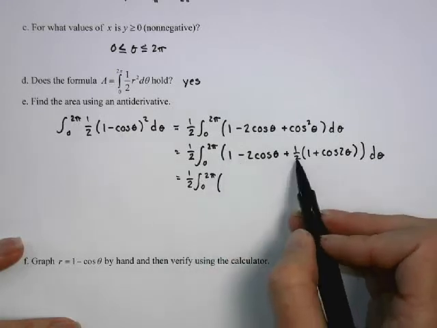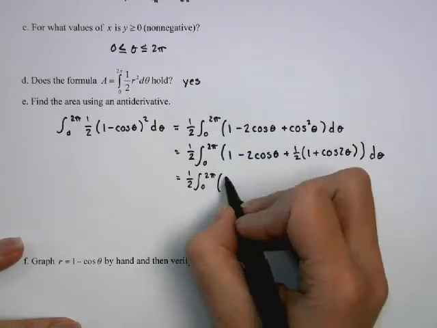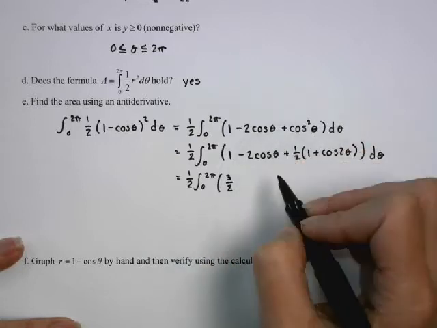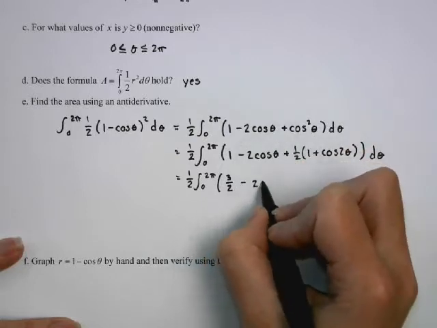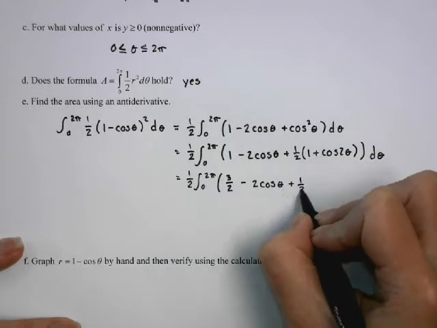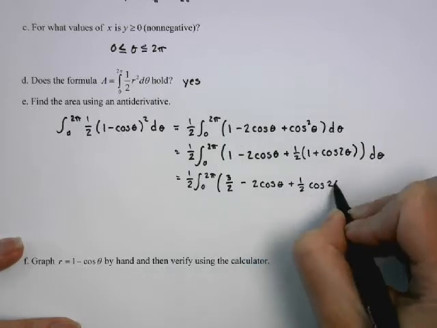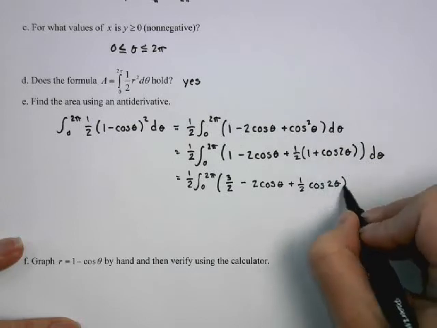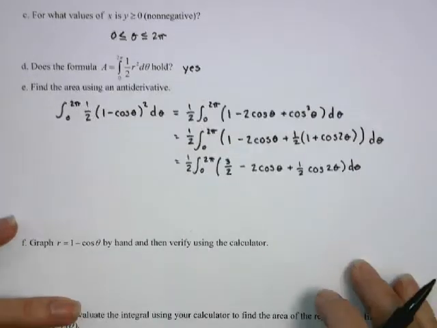So we're going to have a 1 plus a 1/2 if I distribute this in. So that's going to be 3/2 minus 2 cosine theta plus 1/2 cosine 2 theta. Okay, now we're going to integrate.